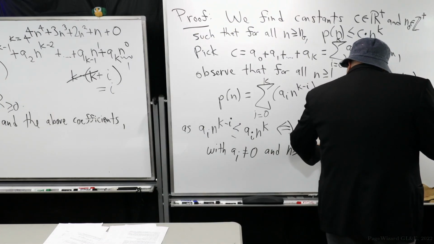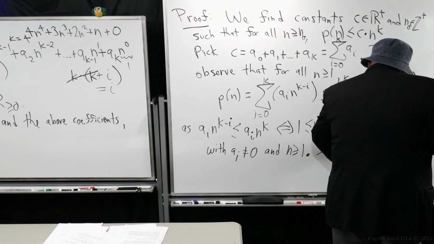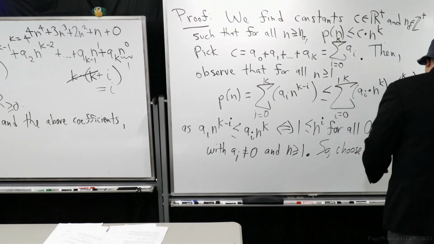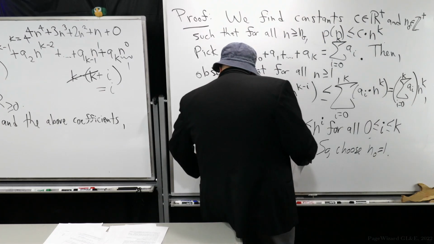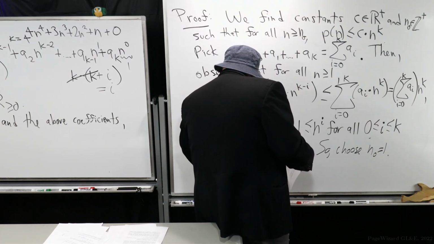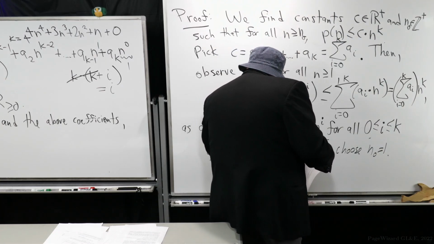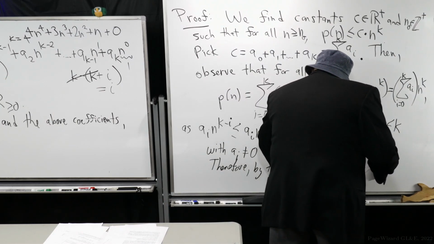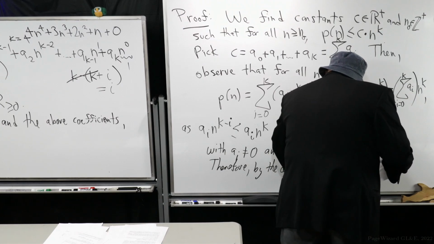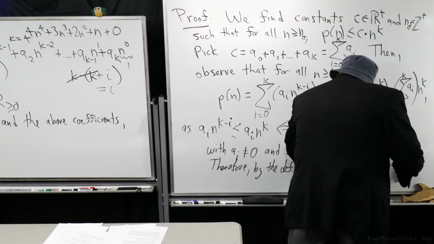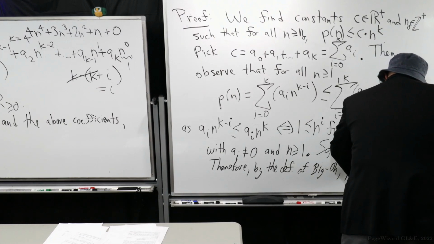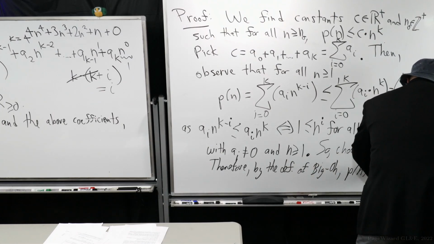So, choose n0 equal to 1. Therefore, by the definition of big O, P is big O of n to the power k.